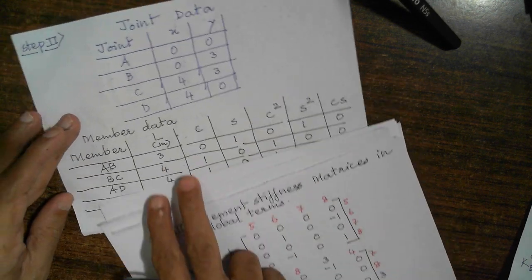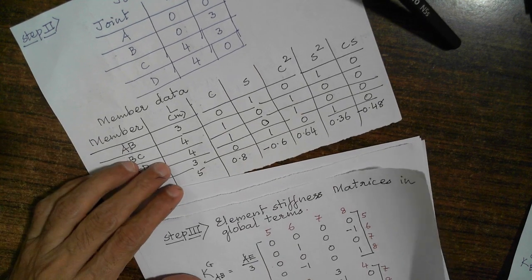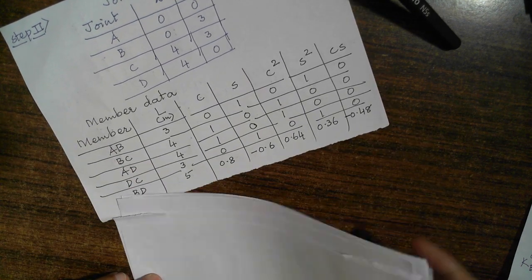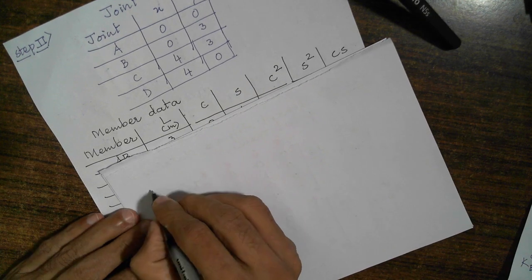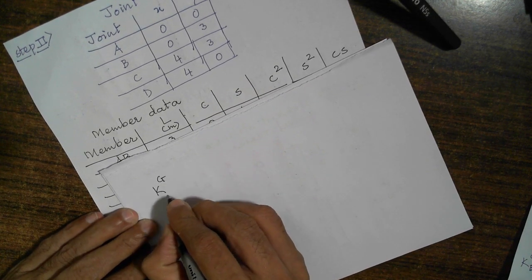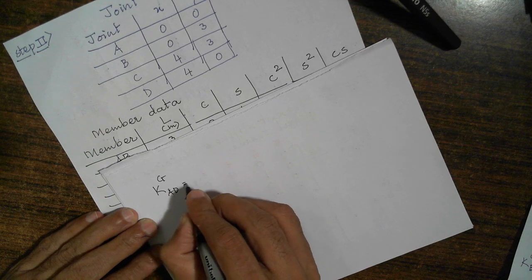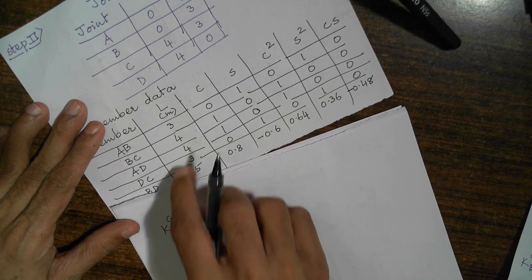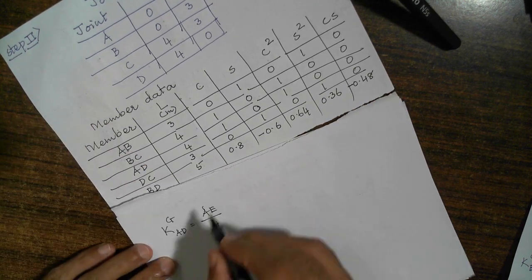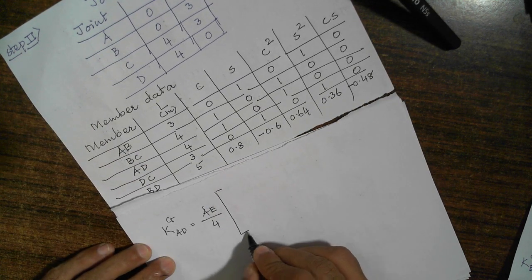Now the next member under our consideration is AD. So I am writing K global AD from the basic formula. I am writing the element stiffness matrix for member AD in global terms: AE upon the length of member AD, which is 4, and I am putting in the various coordinates.